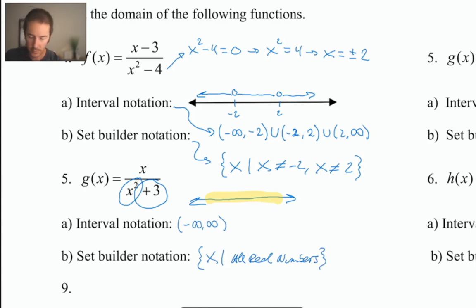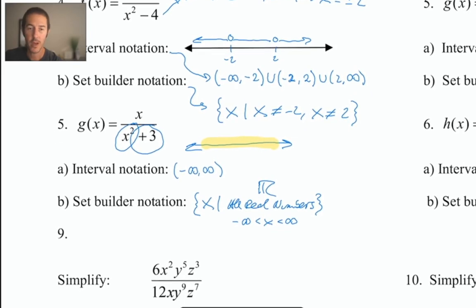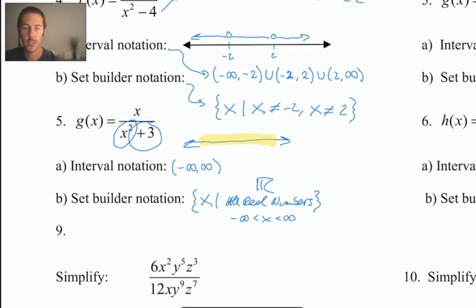You could also see the capital R in here, which is a blackboard R with sort of a double bar on the left-hand side. You could see negative infinity is less than x is less than positive infinity. But whatever you see as far as an answer in set builder notation, if it were a multiple choice option, make sure you're choosing the one that indicates that you can use any x value you want to.